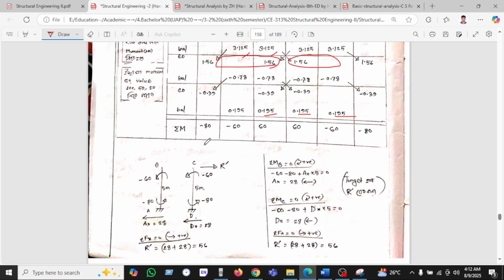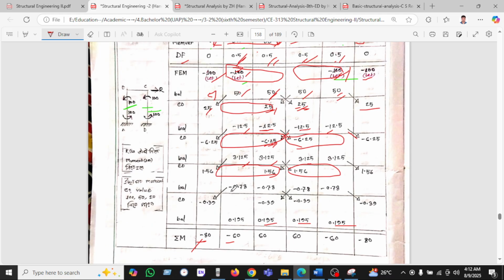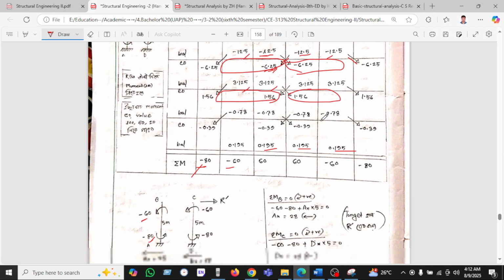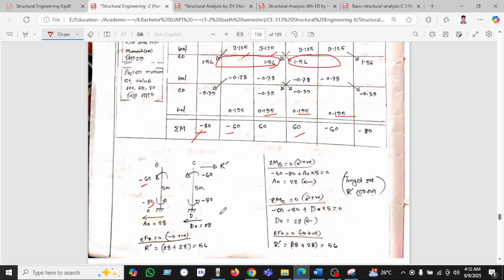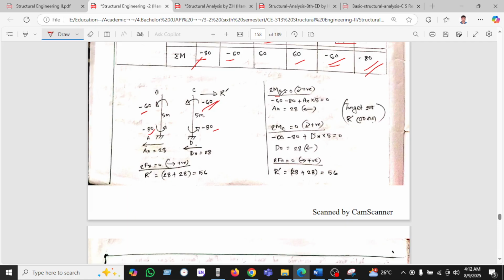We can stop here. After that, we see minus 80 is anti-clockwise, and minus 60 is also anti-clockwise. For CD, we see minus 80 anti-clockwise, and also 60 anti-clockwise. After adding, taking the moment at B, we find AX equal to 28, and taking the moment at C, we find dx equal to 28.